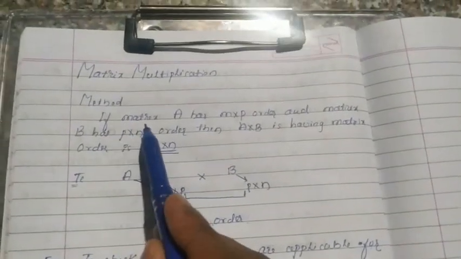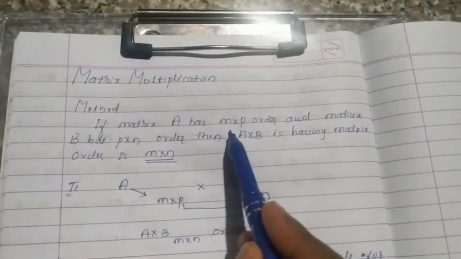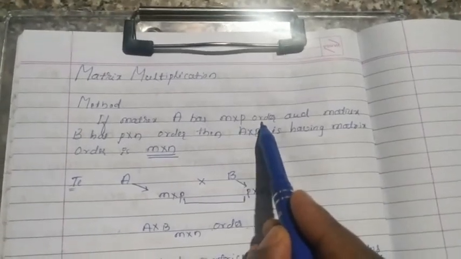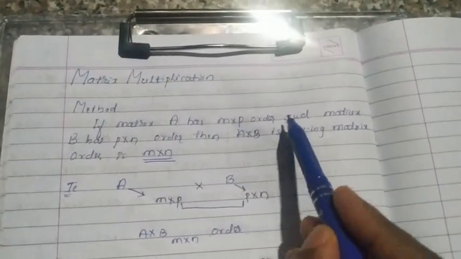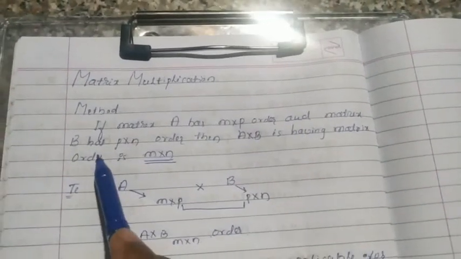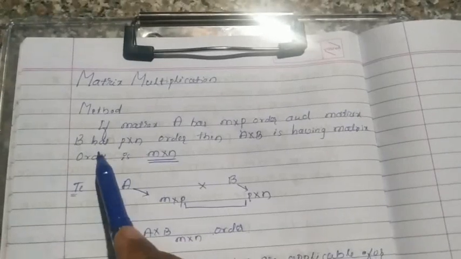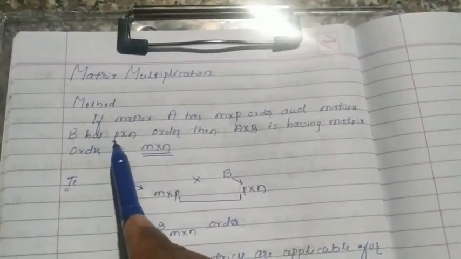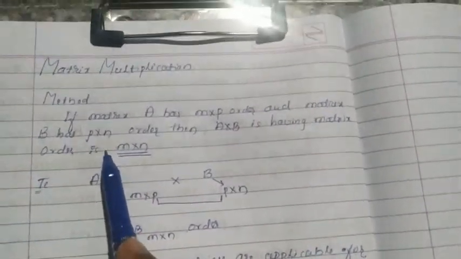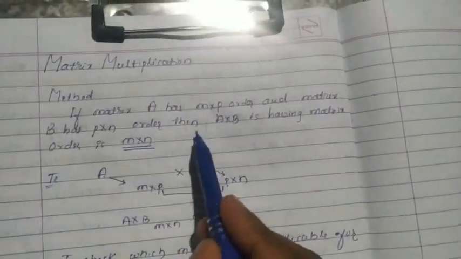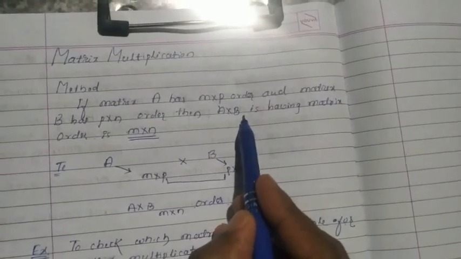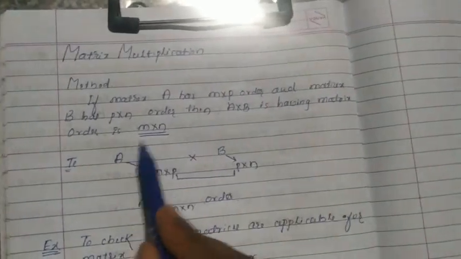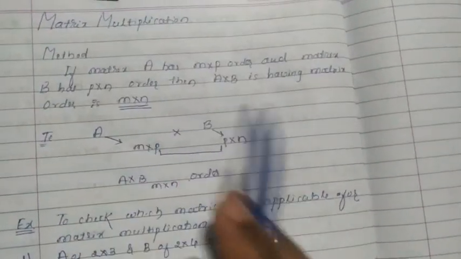If matrix A has order M cross P, where we don't know how many rows and columns there are, and another matrix B has order P cross N, even for matrix B we don't know how many rows and columns it has. The next thing is what? When we multiply the two matrices, we get a matrix of order M into N. How is it possible?